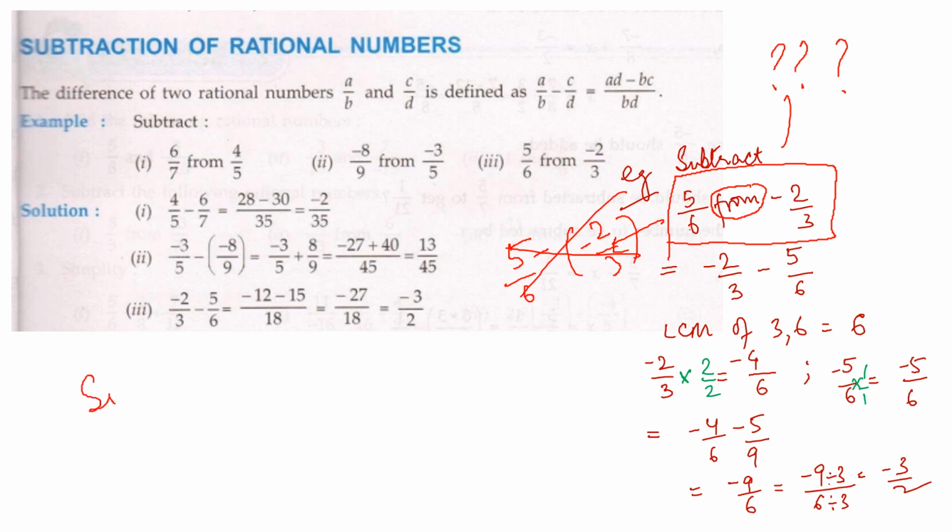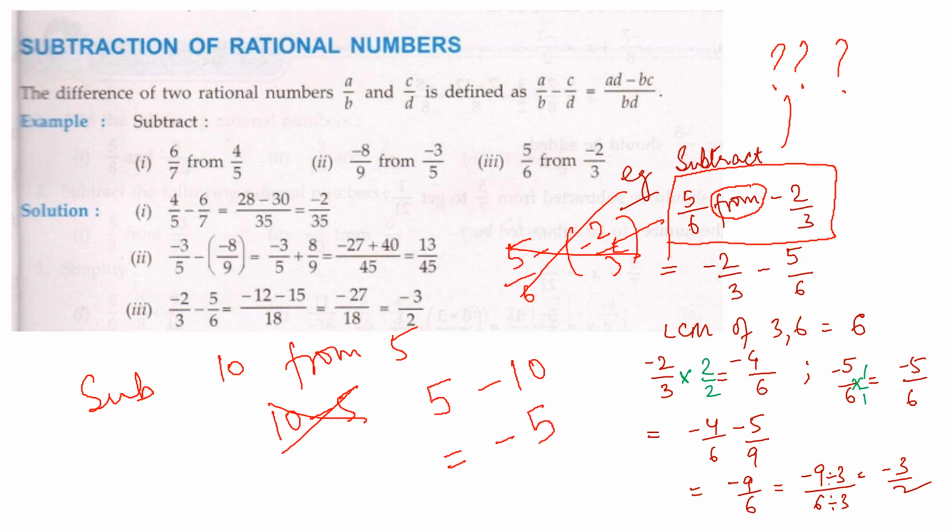If I say subtract 10 from 5, it doesn't mean 10 minus 5, it is wrong. It means 5 minus 10, and that is minus 5. Same way, subtract 5 by 6 from minus 2 by 3. So the formation of the solution will be minus 2 by 3 minus 5 by 6.